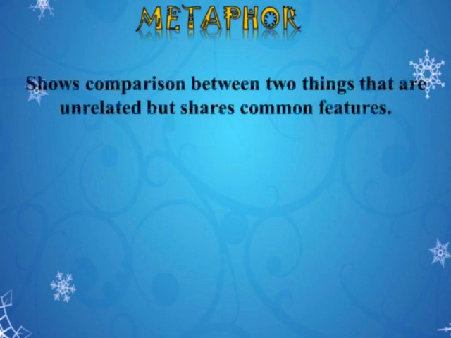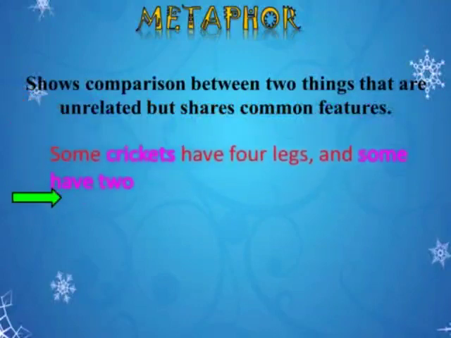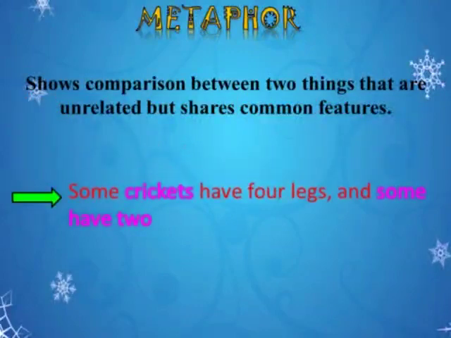The next figure of speech we are going to see is metaphor. This figure of speech shows a comparison between two things that are unrelated but share a common feature. Let me explain with an example from the poem. Some crickets have 4 legs and some have 2. We normally know that crickets have 4 legs.